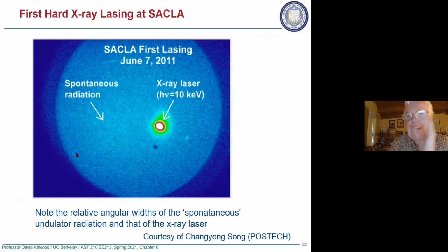But when the thing lases, the angle narrows down very much because it's all coherent and it has a certain diameter and wavelength, and that sets a divergence angle. And this is what the LCLS people saw also. They had a YAG crystal, and as they were inserting more and more undulators, first of all, initially the power was increasing linearly, and then it started to exponentiate.